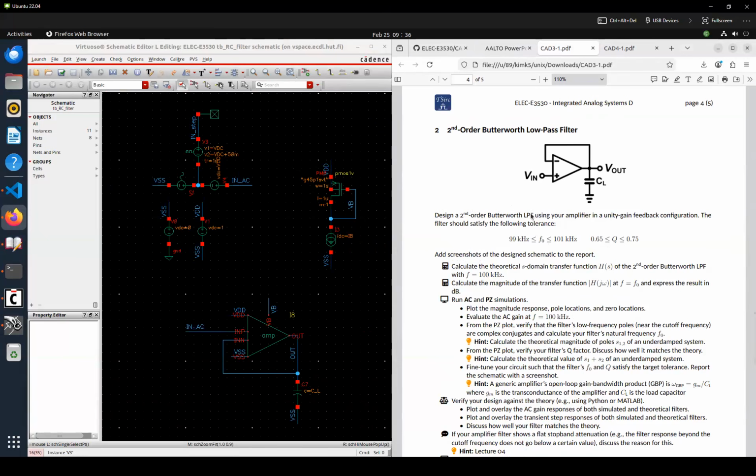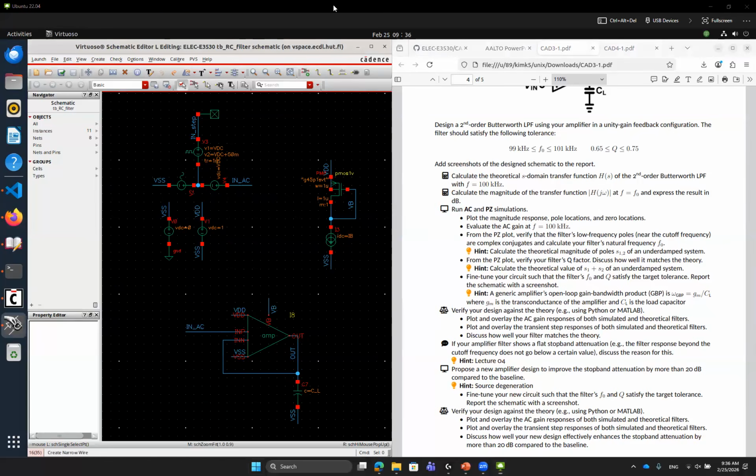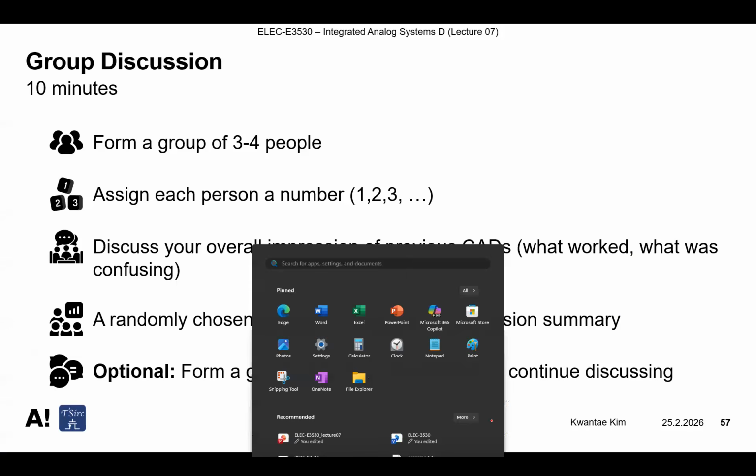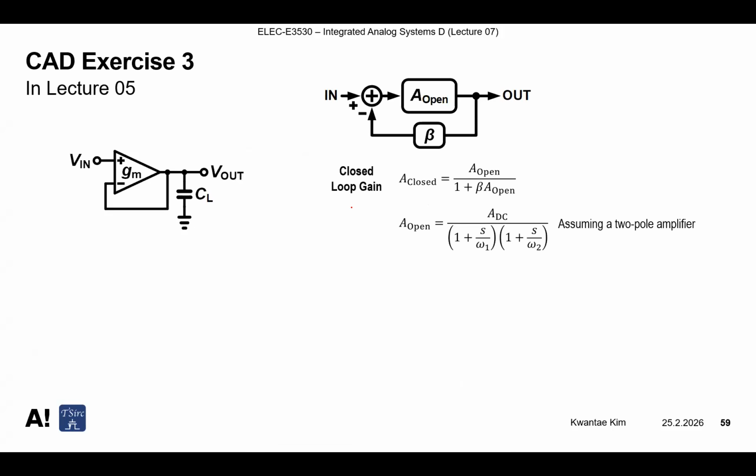Add screenshots of the designed schematic to the report. Calculate the theoretical S-domain transfer function of the second order Butterworth low pass filter with f equal to 100 kilohertz. So this can be achieved. I indeed prepared some slides. Okay, let me see.